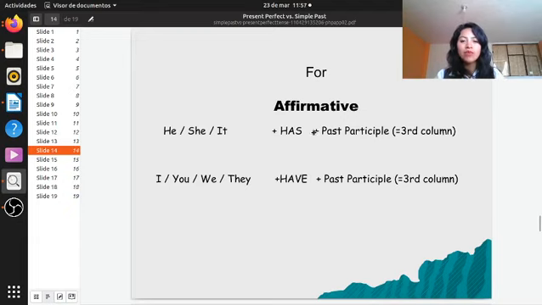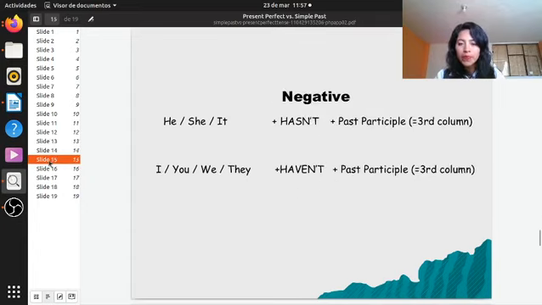Now the structure for affirmative in present perfect. He, she, it plus has and the past participle form of the verb. And remember here we have some regular verbs. When we have regular verbs, we have to add ed, right? And if they are irregular verbs, we have to use the third column, right? Okay. And for I, you, we, they, we have to use the auxiliary have, plus the past participle form of the verb.